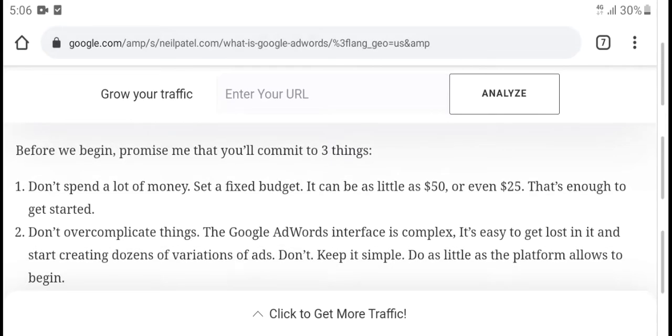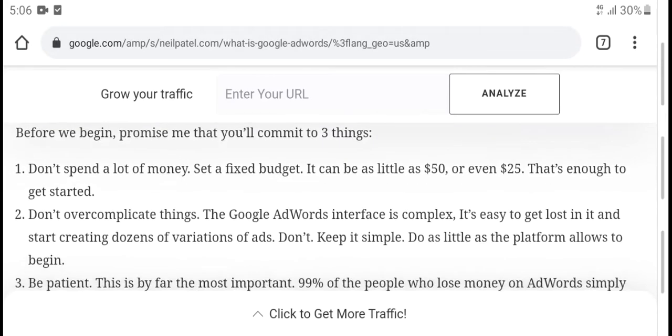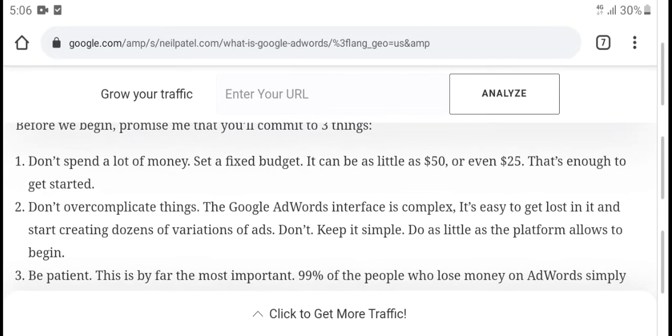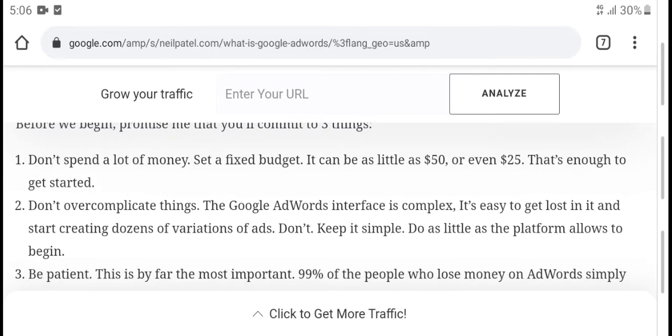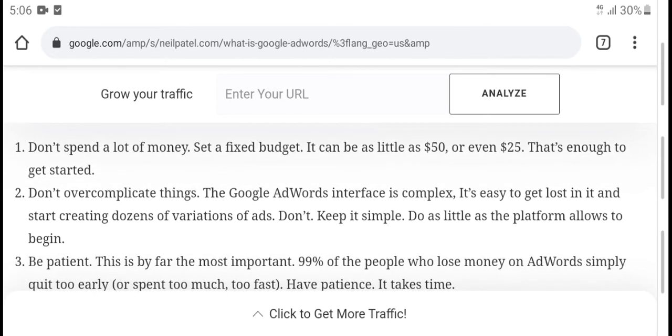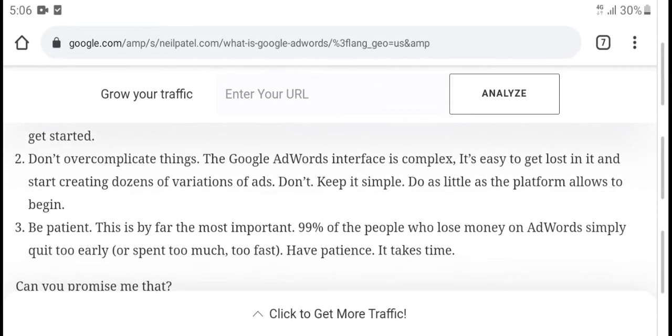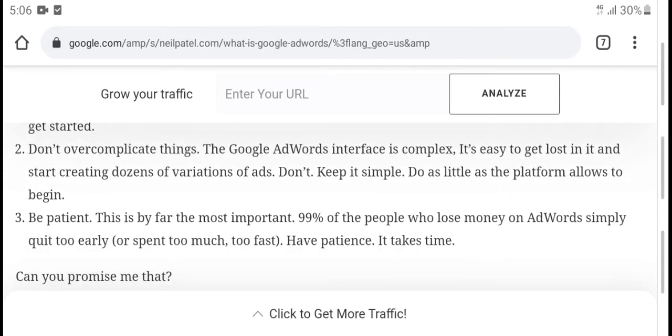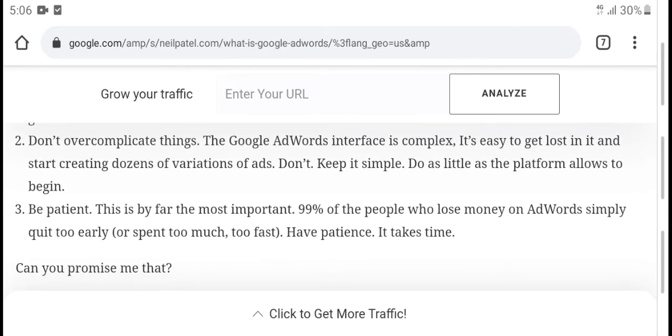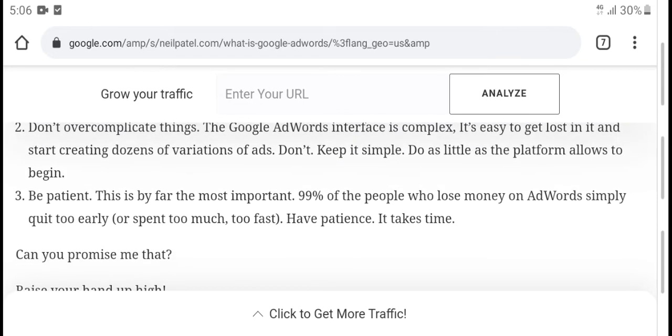we promote your content. Three things: I don't spend money, sect fixed in dark, you can later is $500 hour 25, then target get started. Don't compare this, the Google advice, and if easy start created doesn't visual.